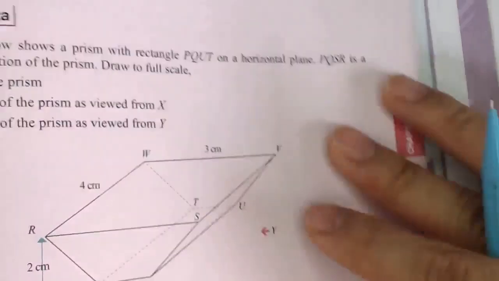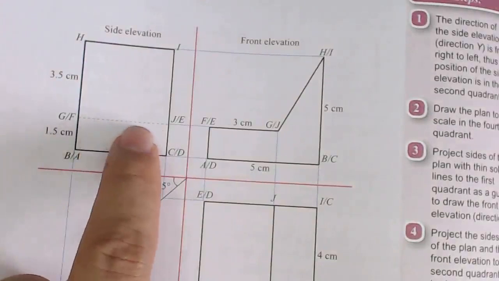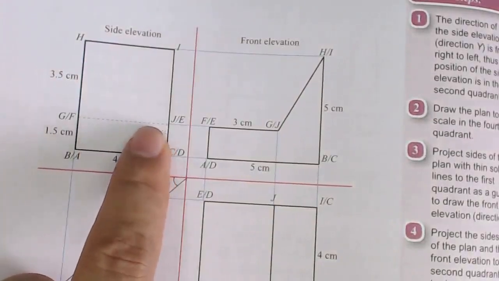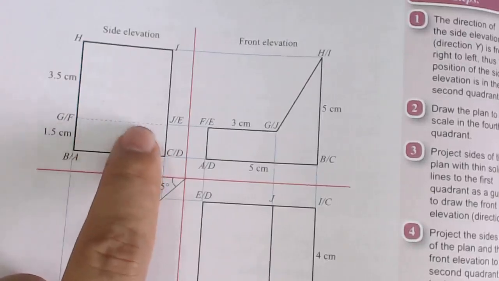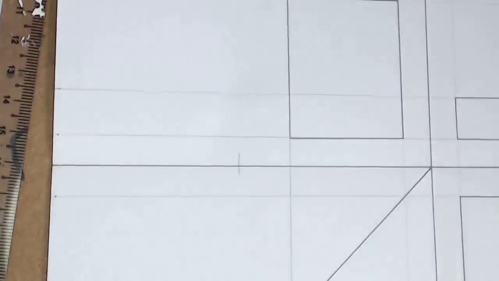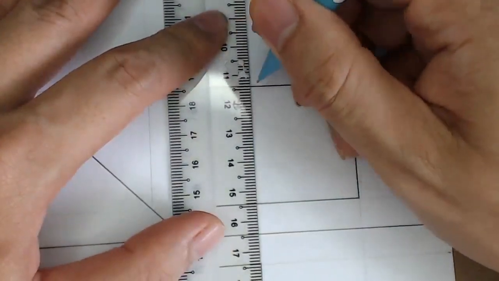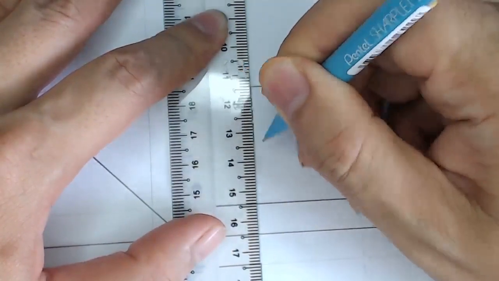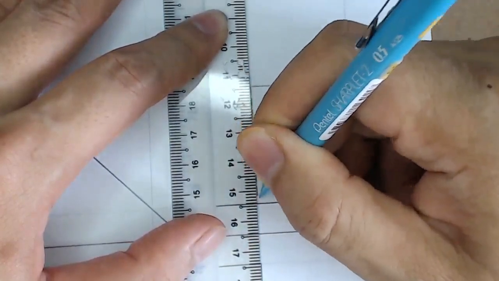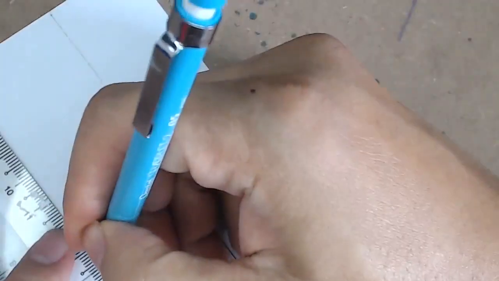So this is why for the hidden parts, we must put the, what is the cut line here? How to call this? We must put a dot line here. Okay, we must make a dot line to show that the line is on the back. We cannot see it, but it is there. So you have to construct a dot line, like that, dot dot dot dot. There it is. So this is how you do the plans.